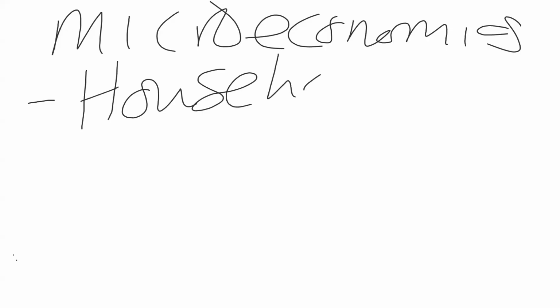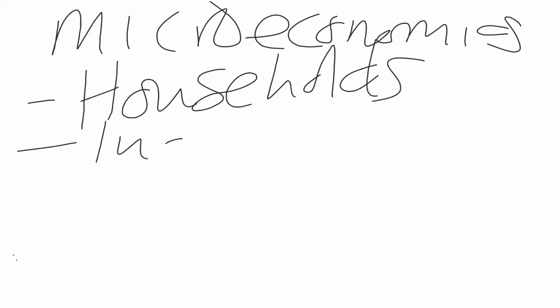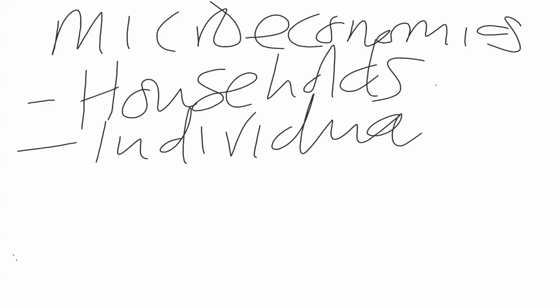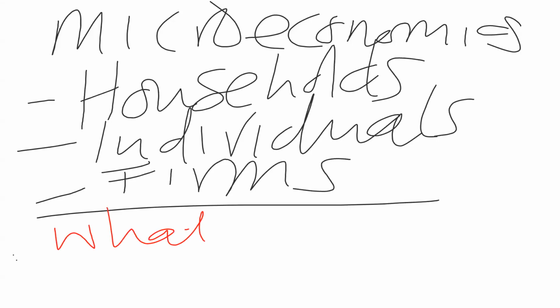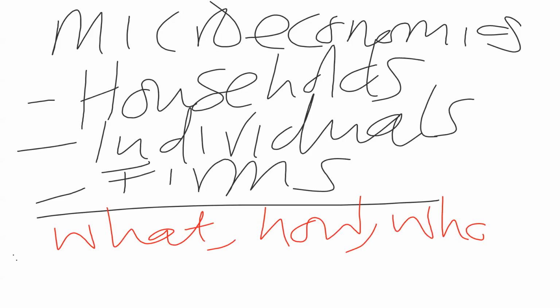It deals with how the individual economic units, such as the individuals, the households, and the firms, make independent decisions, especially on the following questions: what to produce, how to produce, for whom to produce, and where and when to produce. That is what we said under microeconomics.